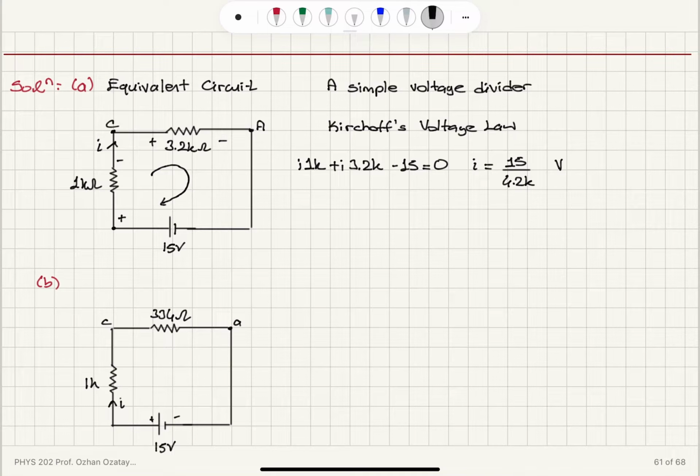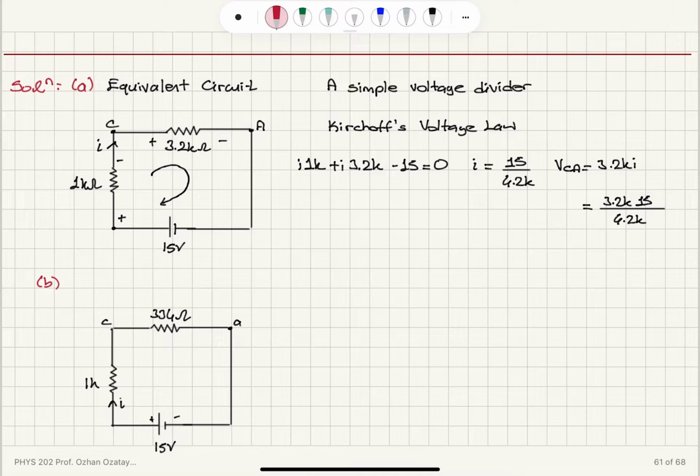And that gives me for the potential difference VCA 3.2 kilo ohms times the current I, which is 3.2K times 15 volts divided by 4.2 kilo ohms.